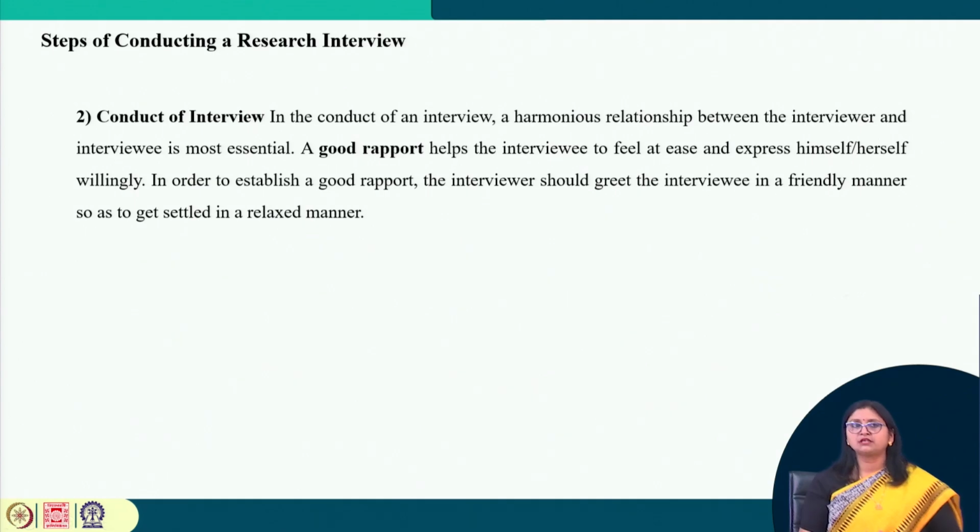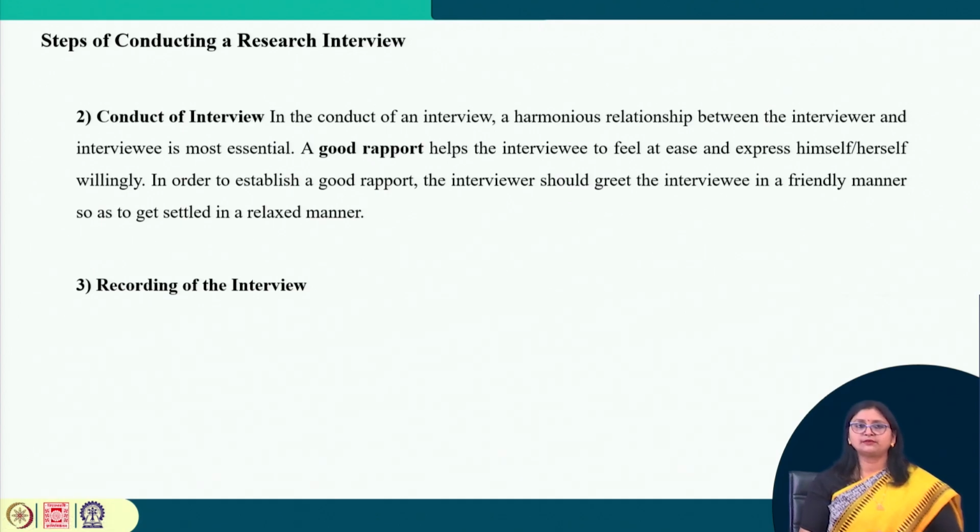The second step is conduct of interview. In the conduct of interview, a harmonious relationship between the interviewer and interviewee is most essential. A good rapport helps the interviewee to feel at ease and express himself or herself willingly. In order to establish a good rapport, the interviewer should greet the interviewee in a very friendly manner, so as to get settled in a relaxed manner.